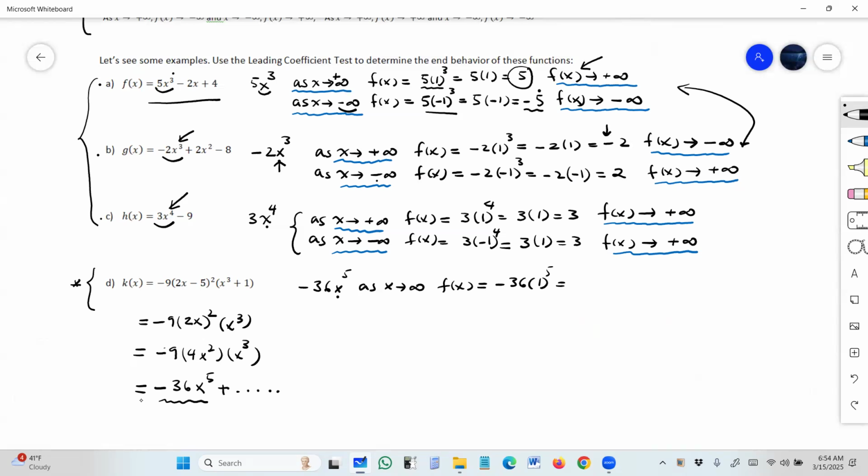Obviously 1 to the fifth is 1, times minus 36. So f of x goes to negative infinity, right? Because of this minus. And same thing on the negative side, but now I am going to replace x with minus 1. So minus 1 to the fifth is minus 1, times minus 36 is positive 36. So f of x goes to positive infinity.